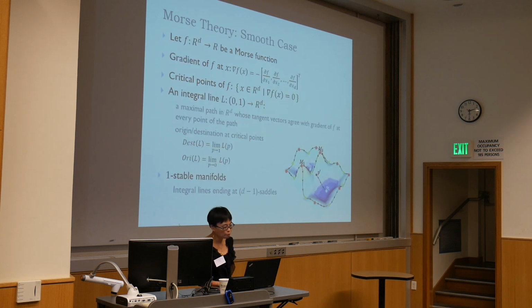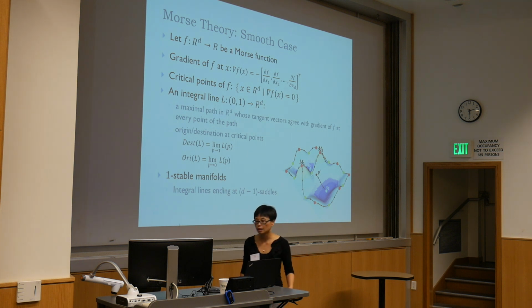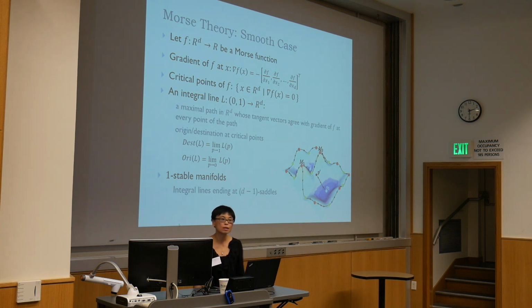Many of you probably know some basics from Morse theory. Imagine that I give you a very nicely behaved function on a d-manifold, in this case on R2. The gradient of the function is where you look for the steepest descending direction of the function value at any point x.